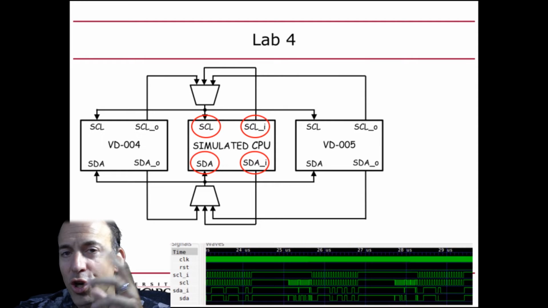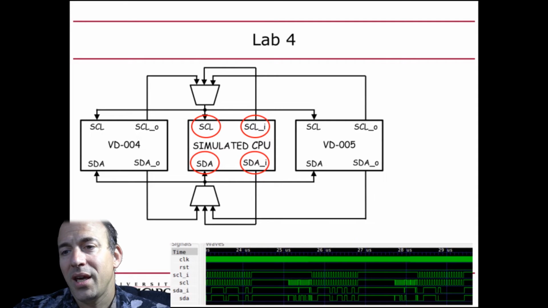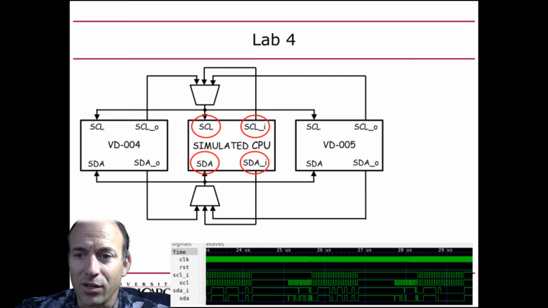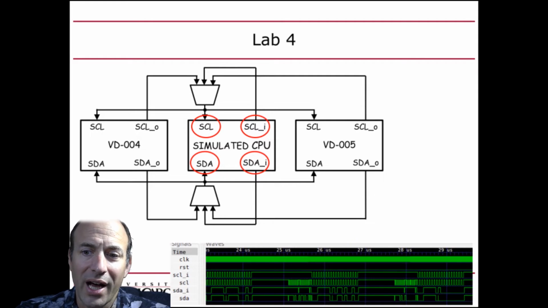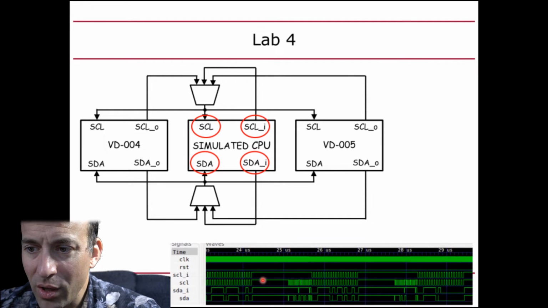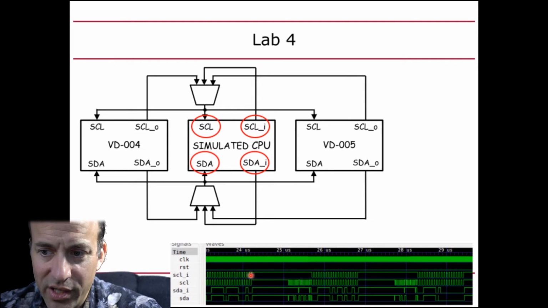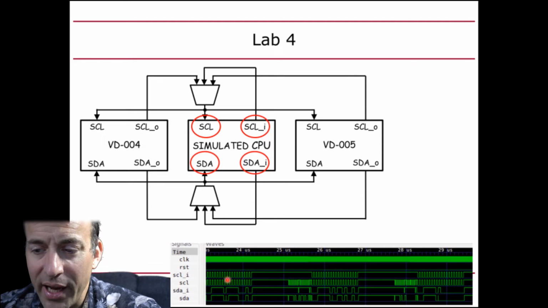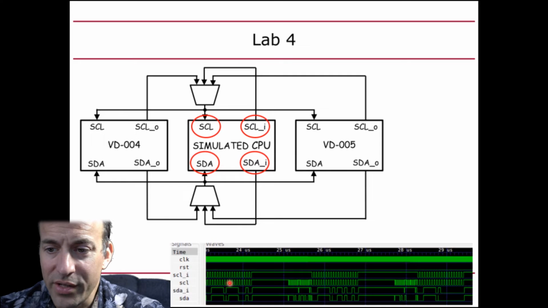Now, whenever your CPU, your code, is in control of either one of those lines, there'll be a match between SCLI and SCL, for instance. You can see the SCL during this sequence here. SCL underscore I and SCL are both identical. They're the same. Likewise here for SDA_I and SDA.